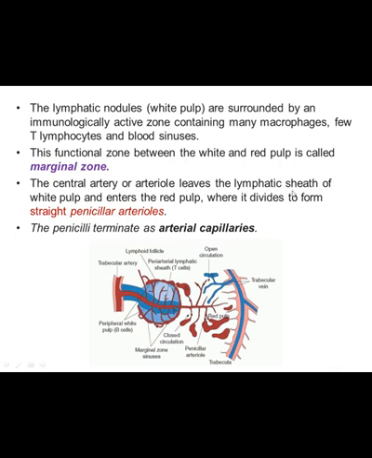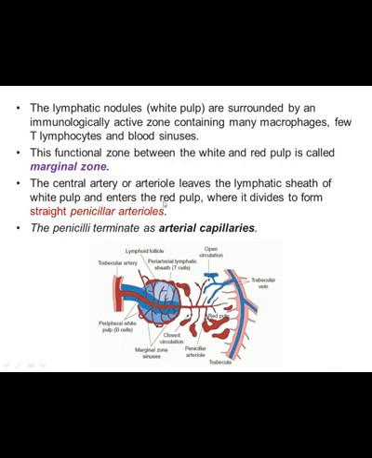The lymphatic nodules, that is white pulp, are surrounded by an immunologically active zone containing many macrophages, few T lymphocytes, and blood sinuses. This functional zone between white and red pulp is called the marginal zone. This is the marginal zone around the white pulp.